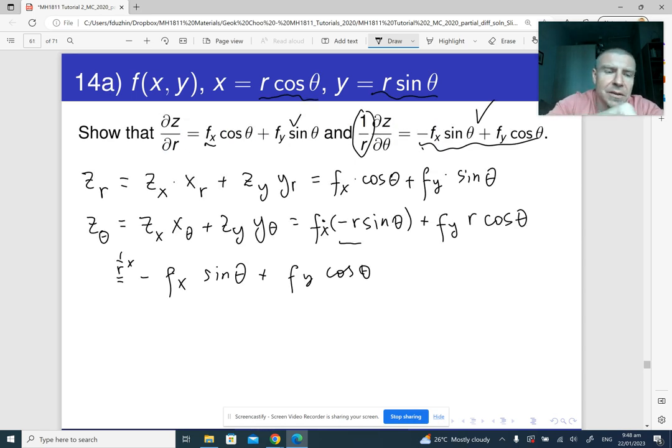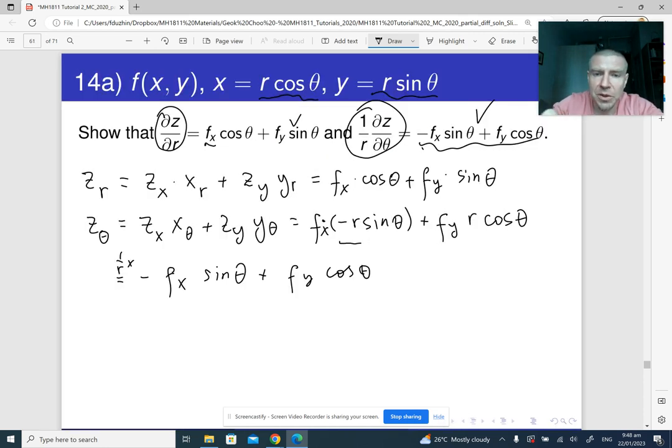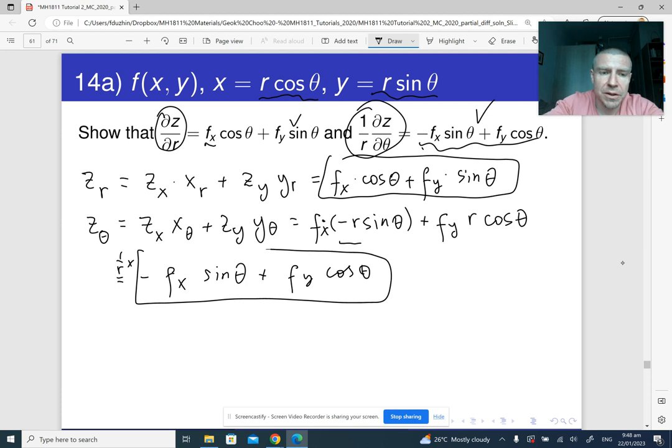So notice that this is zr, and this is 1 over r z theta from the previous part, and we need to find the sum of their squares, right? Because here we have dz dr plus dz d theta divided by r, everything squared. So what we need to do is take the square of this plus the square of this. Okay, so let me do that.